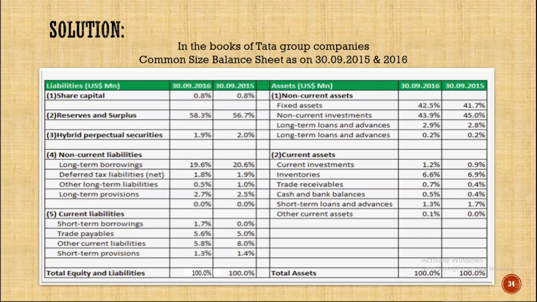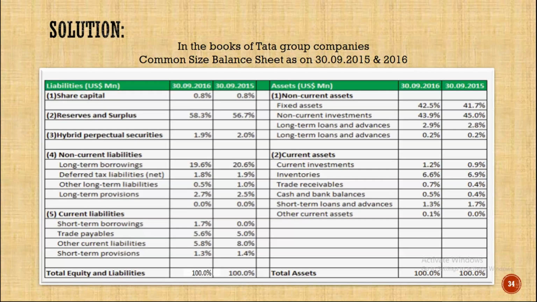Yes, this is the solution in the books of Tata Group of companies, common size balance sheet as on 30th September 2015 and 2016. Here we have not mentioned the earlier data but directly presented the percentage. But the thing common here is total equity and liabilities of 2016 written as 100. That is the base for calculation.